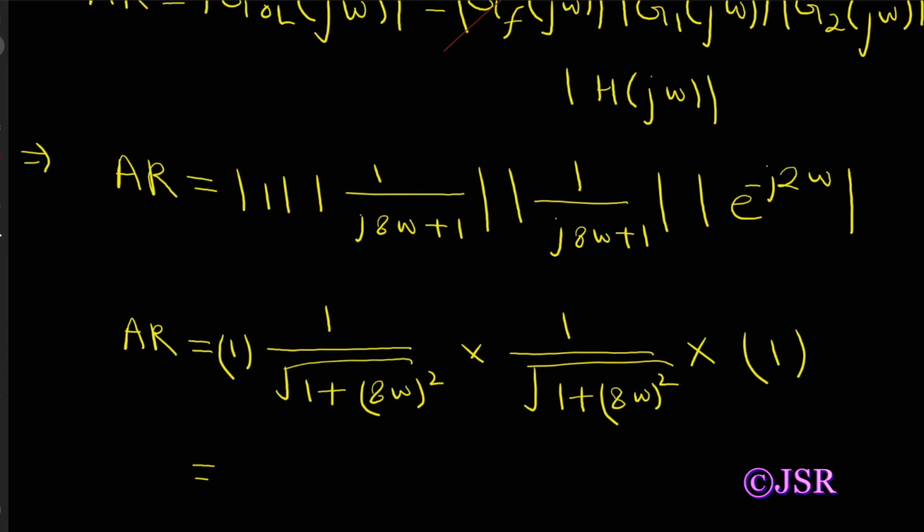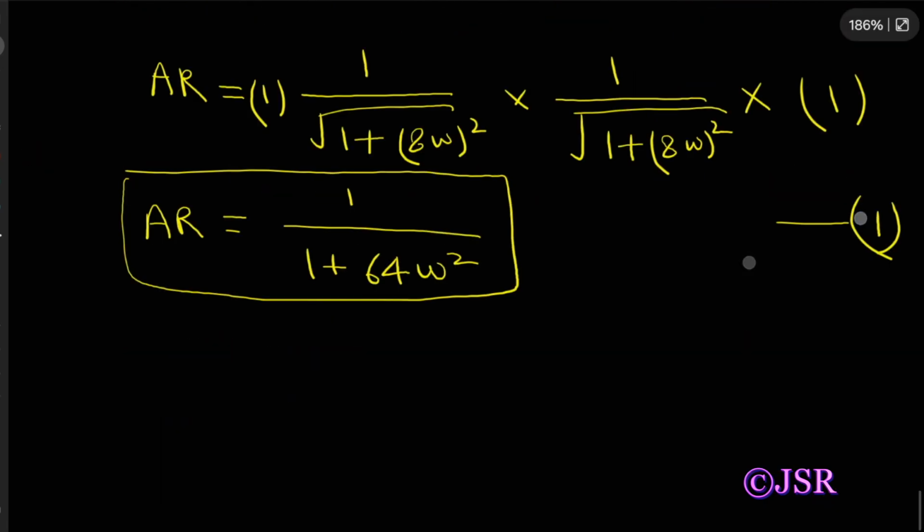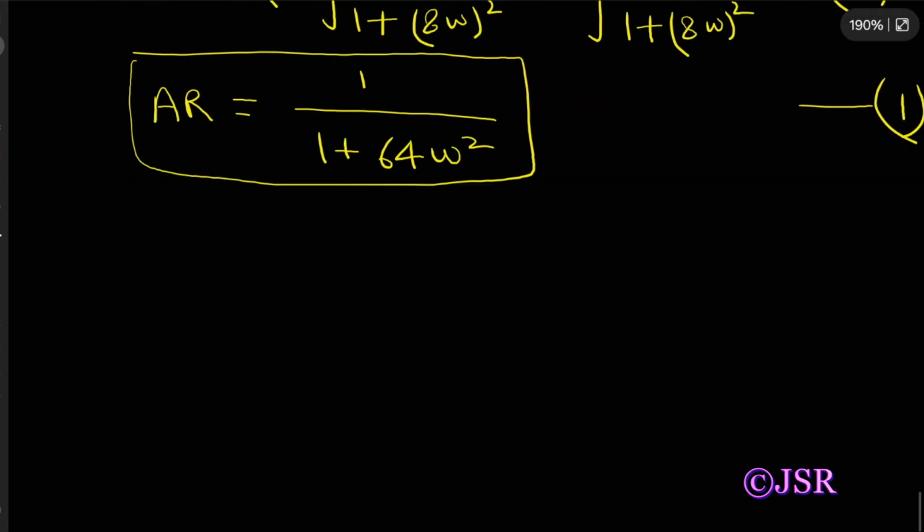So amplitude ratio will be equal to 1 upon 1 plus 64 omega square. So this is the expression for amplitude ratio. Now we will find out the phase shift.